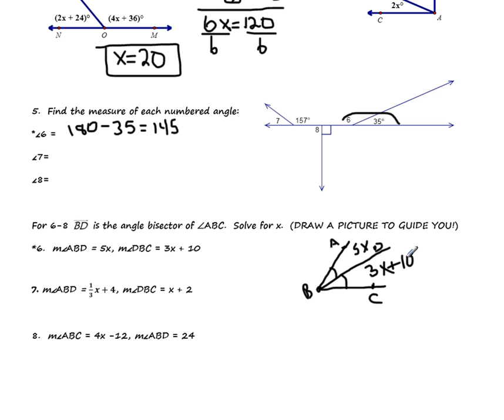So to solve for x, which is what our directions tell us to do, we set these two equal. 5x equals 3x plus 10. I always move my smaller x amounts to the larger side.